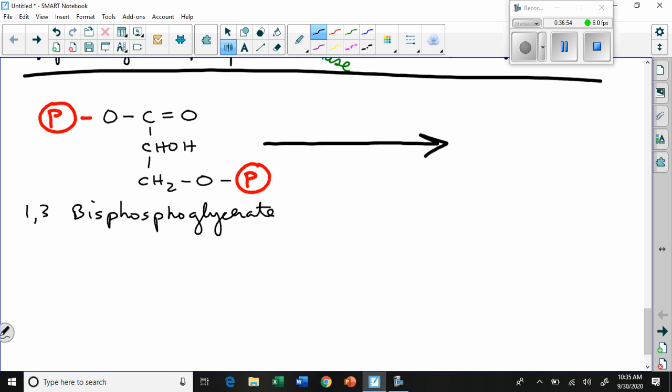Times 2. So I'm going to write in red an ADP is coming into the reaction, and it's going to be turned into an ATP because one of those phosphates is going to be stuck on it. But remember, that's going to be happening twice because everything from that last step is doubled, right? Okay?